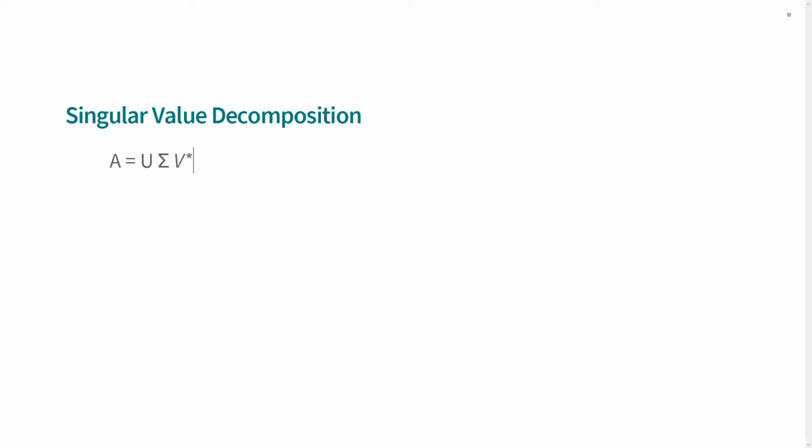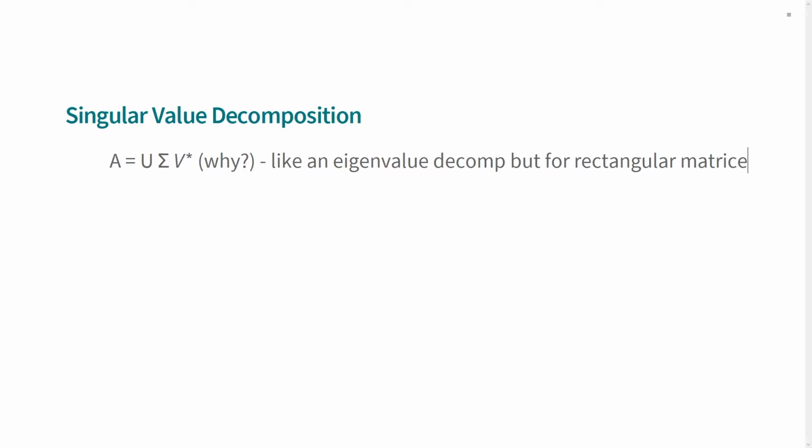Now the beauty of the singular value decomposition. The first thing you might ask is why do we care about yet another matrix factorization? The idea here is this is like an eigenvalue decomposition, but for rectangular matrices. That's the starting point.